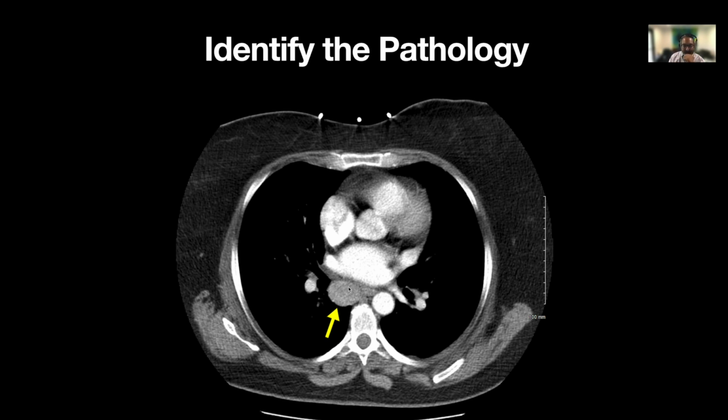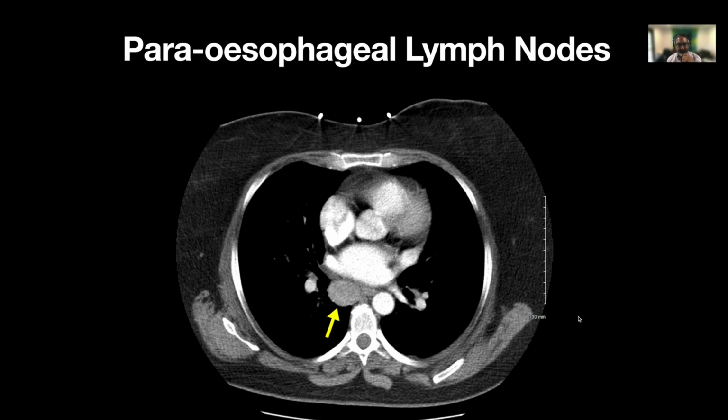What's next to the aorta? It could be hilar, absolutely, hilar lymph nodes. Oh, the IVC? The IVC is not here. That's all right. Paraesophageal. That's where the esophagus would be.